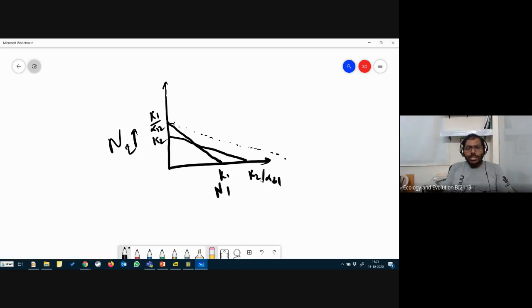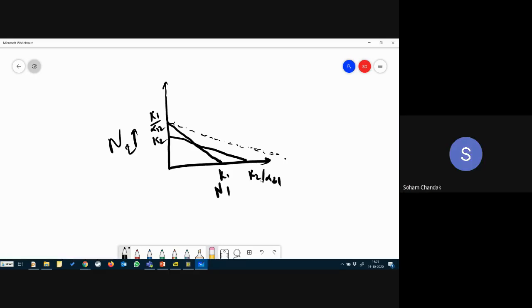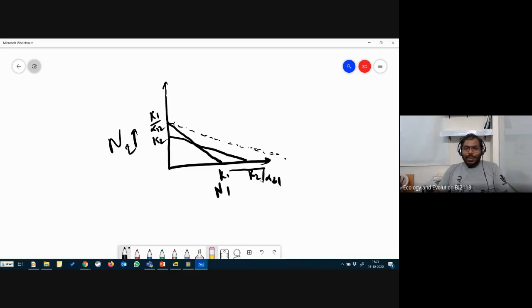Something like this line I am drawing. Yes. Now, what is the way in which species 1 can do that? The simplest way, yes, exactly. Increase its carrying capacity, increase its K, correct? Because there is nothing else that species 1 can do which will keep this line straight and yet make it competitively superior to this one.